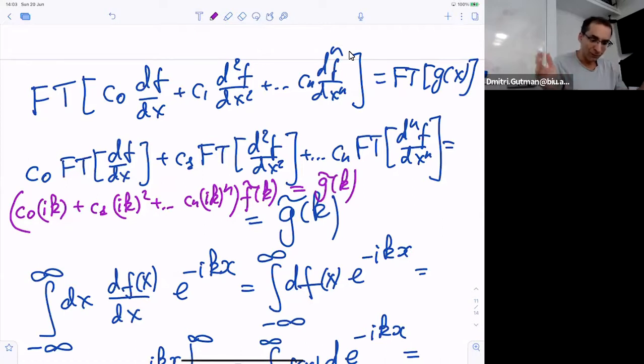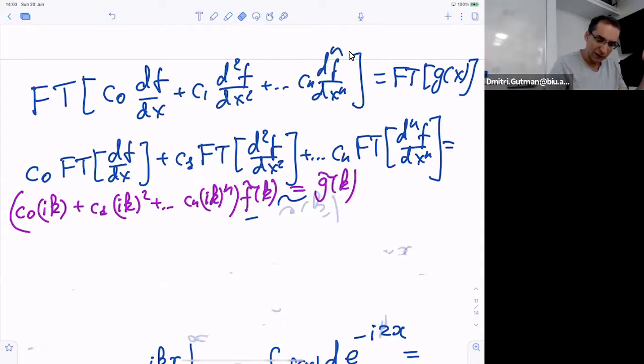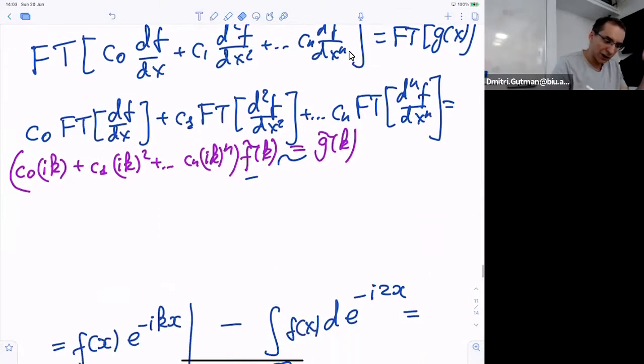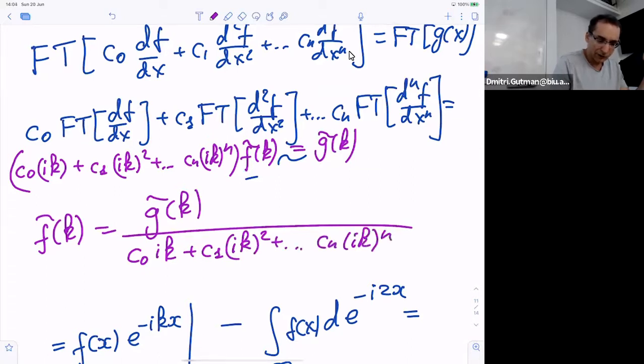And therefore I can, in one line, solve this equation. I can say that f tilde of k will be equal to g tilde of k divided by C0 ik plus C1 ik squared plus so on, Cn ik to the power n.